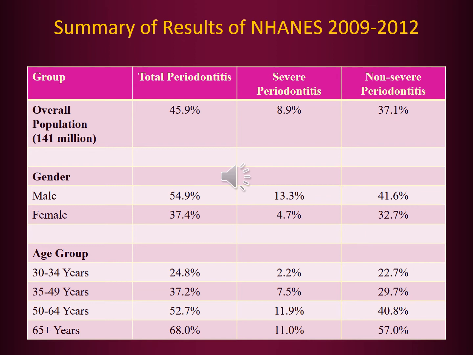Even though these groups are not equivalent, one can see as a general pattern that periodontal disease increases with the increasing age group, and that probably represents the fact that exposure increases over time as well. So there's an increase in disease as long as the individuals continue to have exposure to pathogens and exposure to time. You have more pathogen exposure and you have more time for that disease to actually take hold and end up causing more damage.